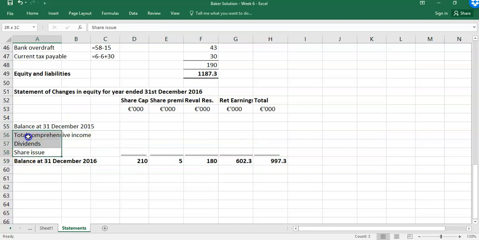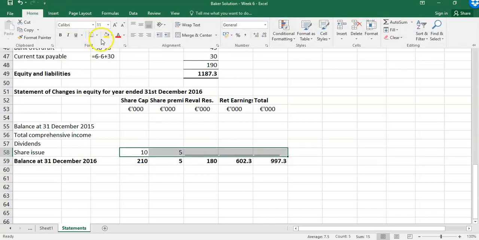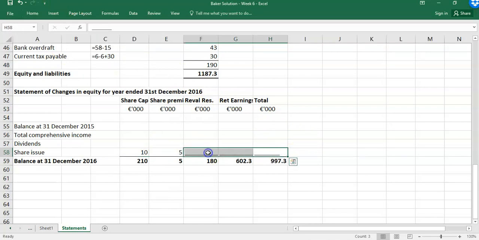And there are 3 movements during the year that we know go into the statement of changes in equity. We made a share issue, which would have put 10 into our share capital and 5 into our share premium. So you just slot them in as the figures you know. We had dividends during the year, which would have been a minus 21 to retained earnings.